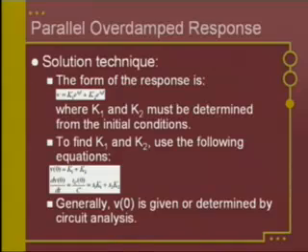What we're going to be doing for all of our solutions when we see circuits of this form is pretty cookbook. For overdamped circuits, the circuit is going to take this response. In case it's not entirely clear, that says that the voltage across all of these elements equals some constant K1 e to the S1t, plus K2 e to the S2t.